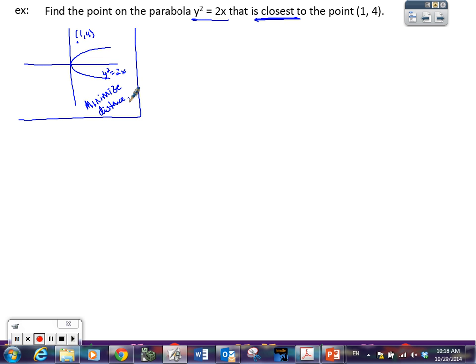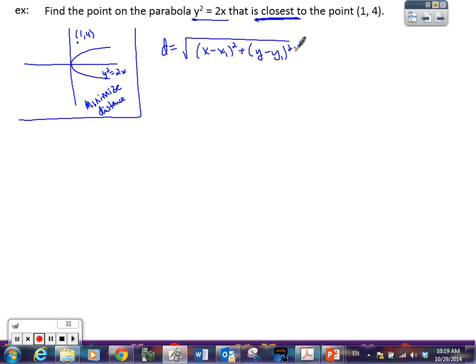How do we measure the distance from a point to an equation? What's one way to do that? The distance formula. So we would use the distance formula here to do our setup. That's the formula that's going to help us determine what the minimum distance is. So we would write our distance formula out. And if you remember, you subtract the x's and square them, subtract the y's and square them. That's our distance formula.